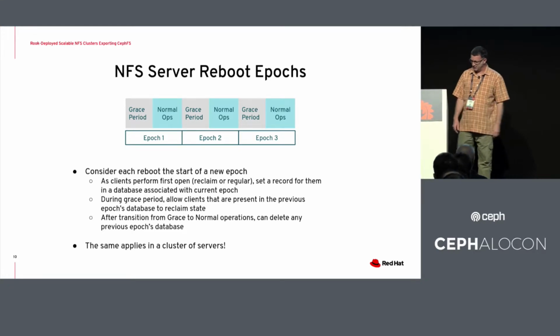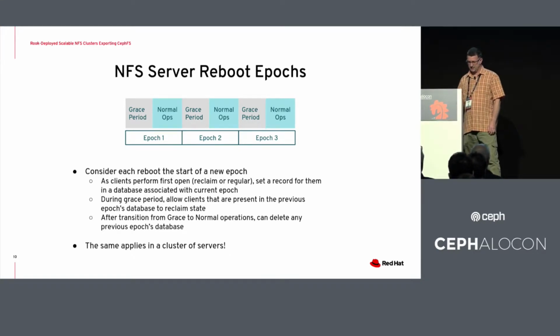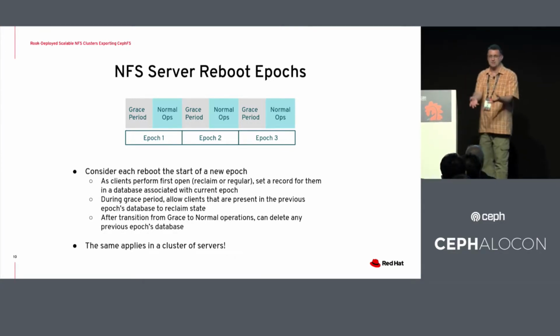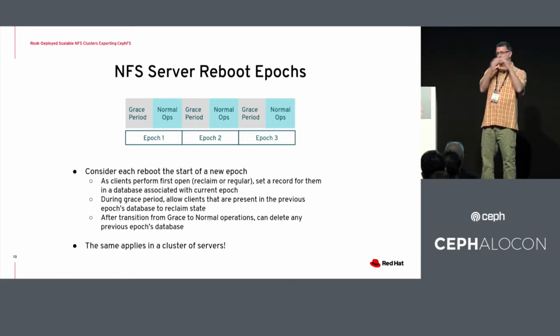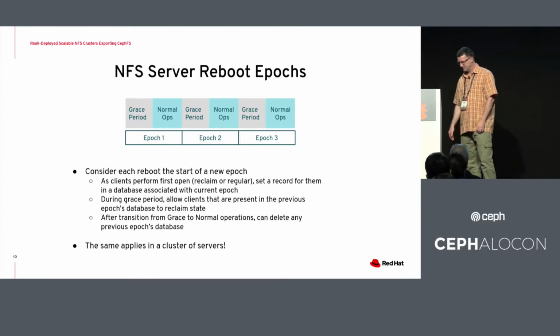At the start of each new epoch, as the clients perform their first open, we set a record for them in the database, and then during the grace period, we allow clients that are present in the previous database to do the reclaim. And whenever we are ready to move out of the grace period, we do that atomic replacement so that the next time we reboot, we know exactly who was present at the time that the crash happened.